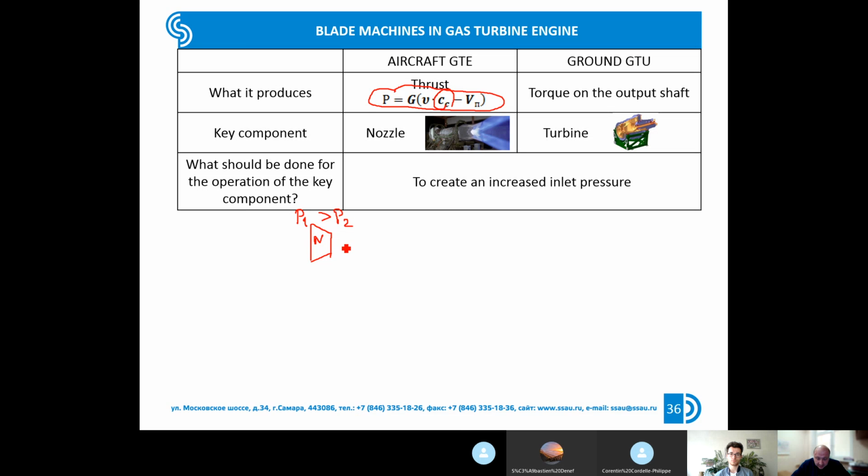In this case, you will achieve a high-speed jet at the outlet. How can we provide the pressure difference? We have two ways. First, you could create a vacuum at the outlet, but it's very hard, though sometimes it's used for tests. But in real practice, we more often create high pressure at the inlet of the nozzle.